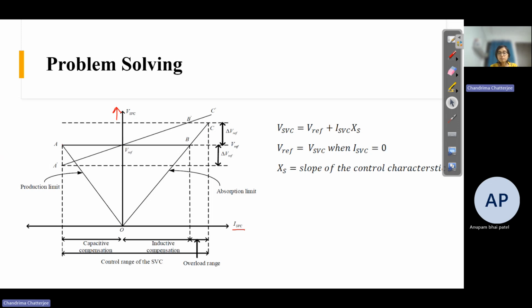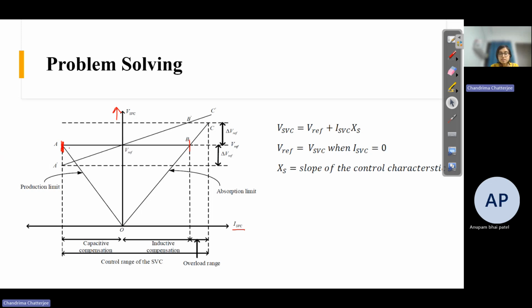And this triangular portion was the conventional SVC characteristic that we already saw. So in this positive side, this is the inductive compensation, and this side, this is the capacitive compensation. And these are the maximum limits here and here. This is the maximum absorption limit, and this is the maximum production limit here. Okay.